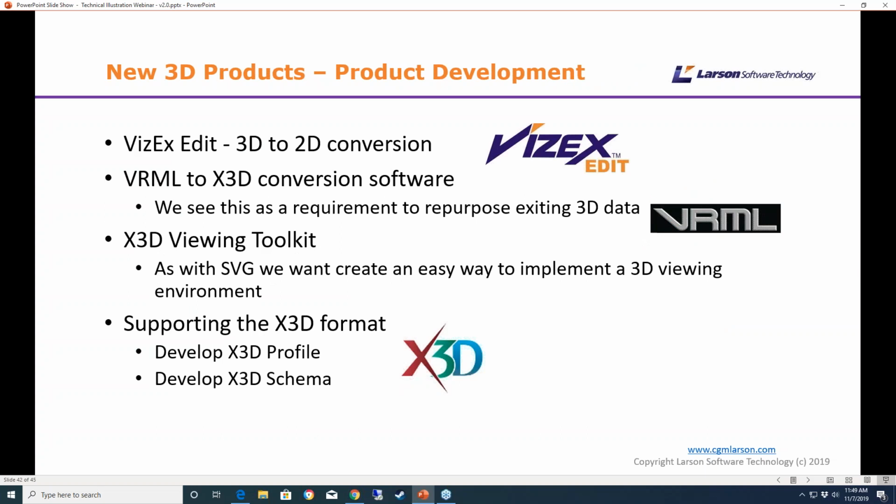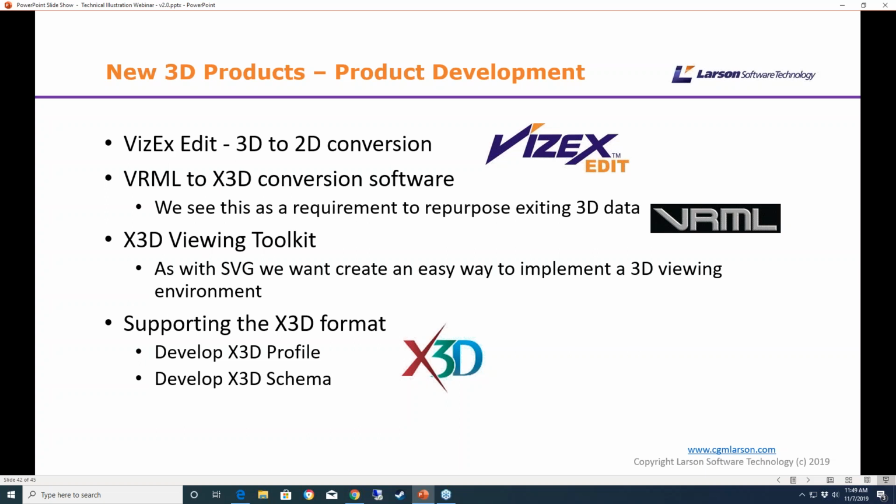A new 3D product. So the first thing we're working on for VisX Edit is a 3D to 2D conversion. We've already got the beginnings of it, but that will definitely be refined. I'm not going to give a date, so that'll be not the right thing to do. But we're working on that currently. We also say, even though there's nobody with VRML, we see that there might be scope to do a VRML to X3D conversion, mainly to make it kind of XML compliant.